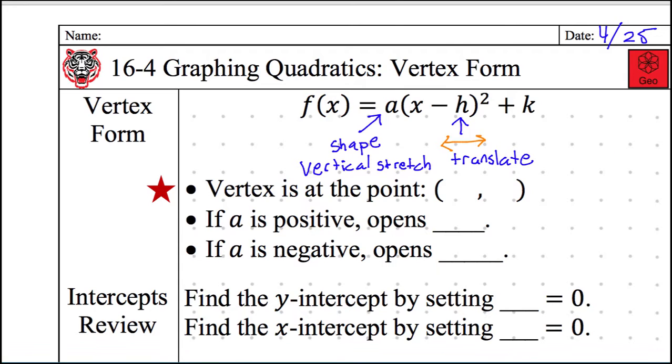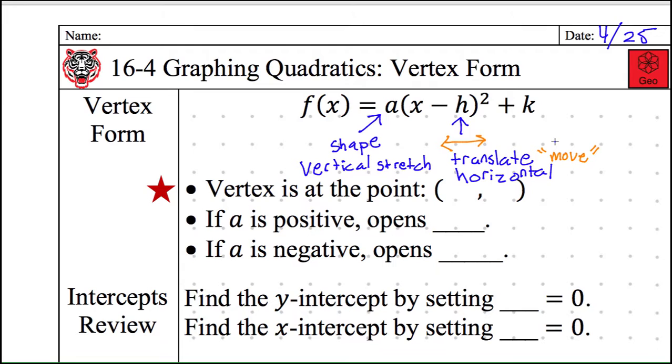Move in the horizontal direction. If I change H, the graph moves to the left or to the right. That's all H does. It translates the graph in the horizontal direction.